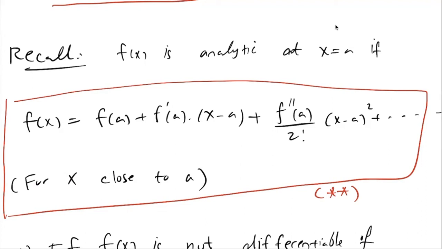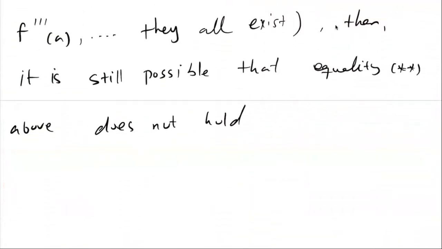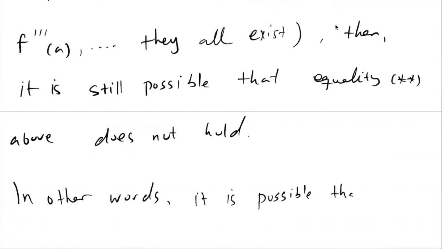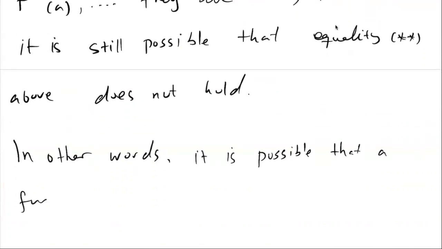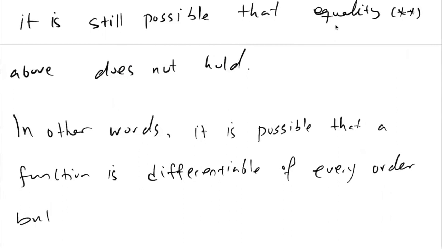And then the function will not be analytic. So in other words, it is possible that a function is differentiable of every order, but it is not analytic.